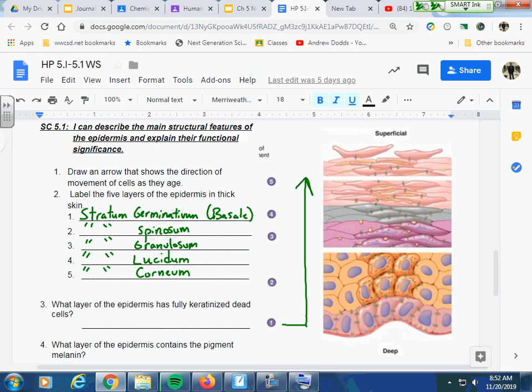What layer of the epidermis has fully keratinized dead cells? This could be lucidum, but it really is going to be our outermost that we think of. These dead cells are flaking off. They are good for protection. That is going to be the stratum corneum.